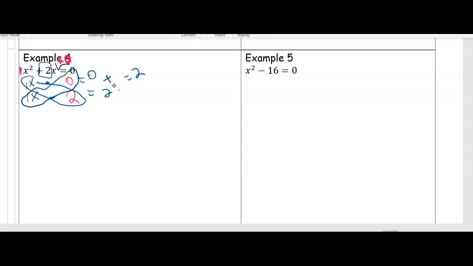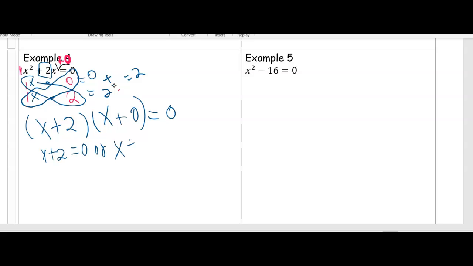X for the first column. So it's x positive 2, x positive 0 equals 0. And turn them into two little equations. X plus 2 equals 0, or x plus 0 equals 0.